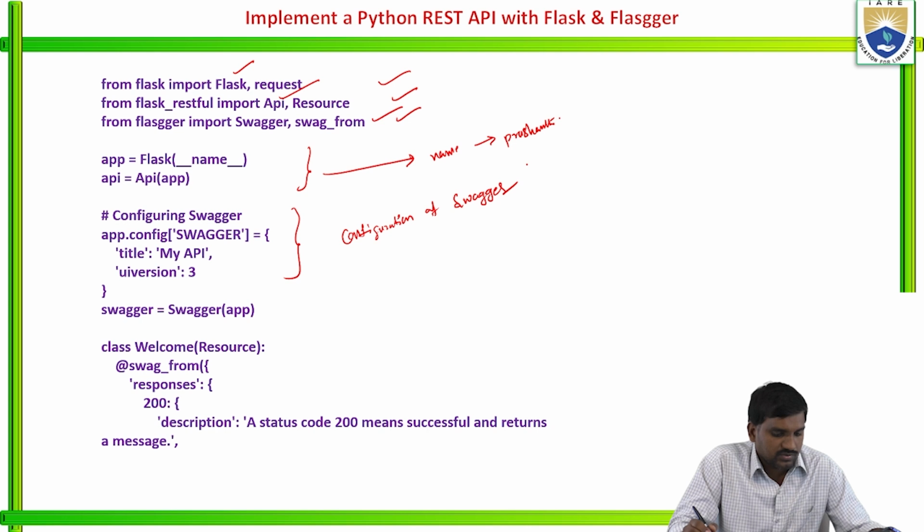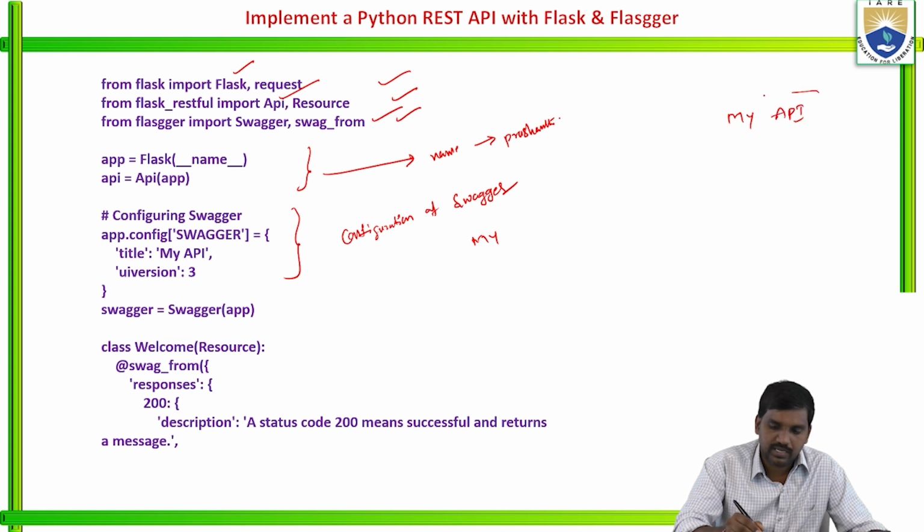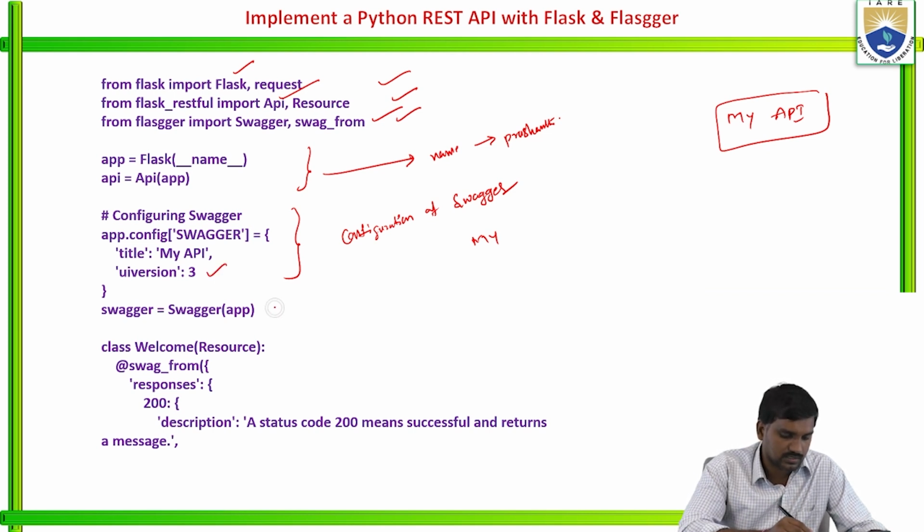Configuration of Swagger with the title My App, like that, My API, application programming interface, the title. You can define the version also. Next, swagger is equal to Swagger(app), class Welcome, that is the resource.